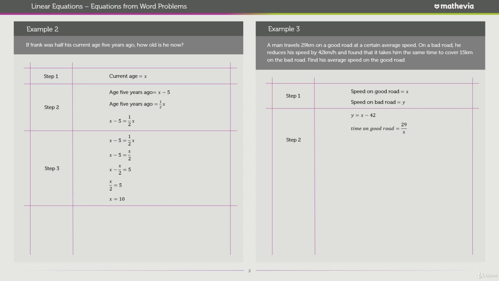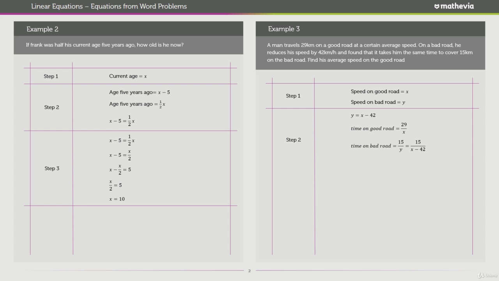Now the time it took him to cover the distance on the good road is 29 over x. And the time on the bad road is 15 over y. Let's look at this. Time equals distance over speed.